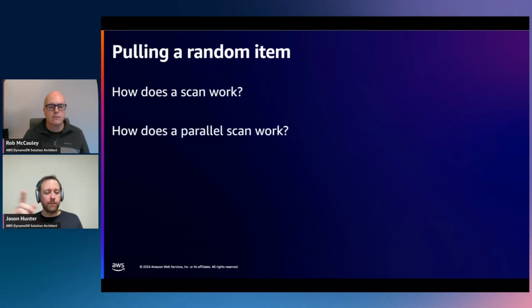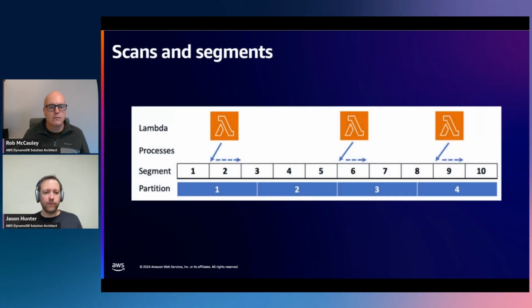And so what you were talking about is the parallel scan or segmented scan, which I actually have a graphic for. On the back of DynamoDB, we have these partitions. They're the actual holders of the data. If you know DynamoDB, you hear a lot about this. Each one has like 3,000 RCU, 1,000 WCU. And you don't really know how many there are, and you don't really care. But when you do a parallel or segmented scan, you divide that table space into n many items, 10 here.